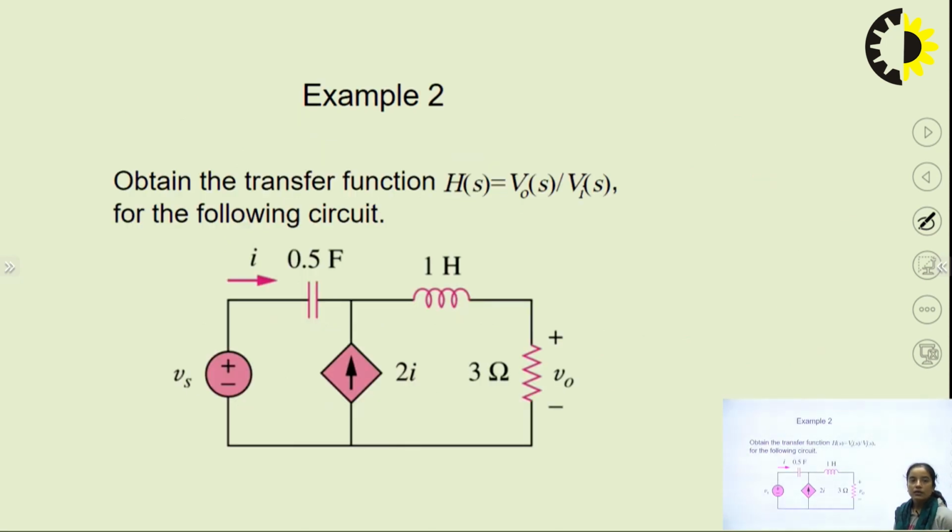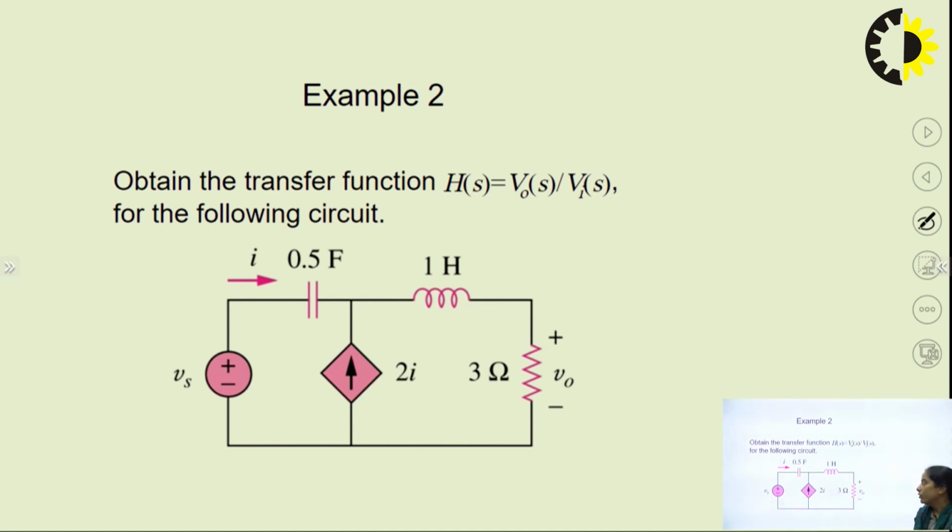So this is another question. Here see, a dependent source is there. The advantage of Laplace transform is that if a dependent source is there in the circuit, you can easily transform that also into S domain.